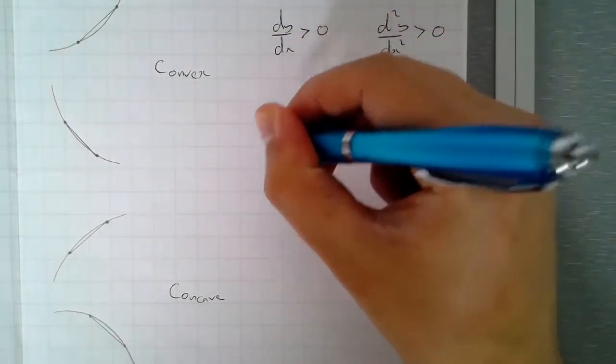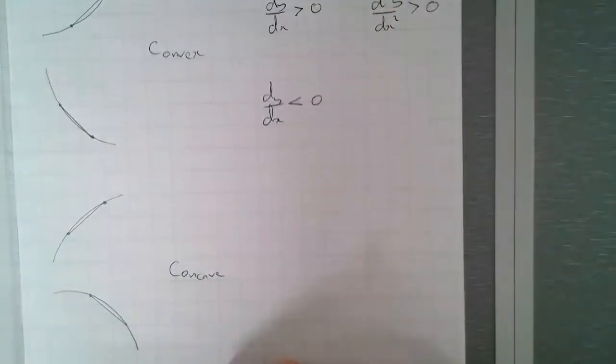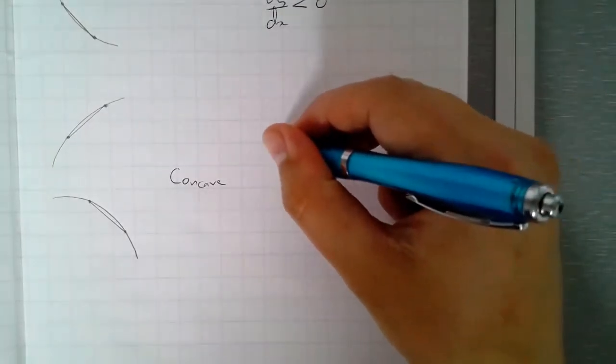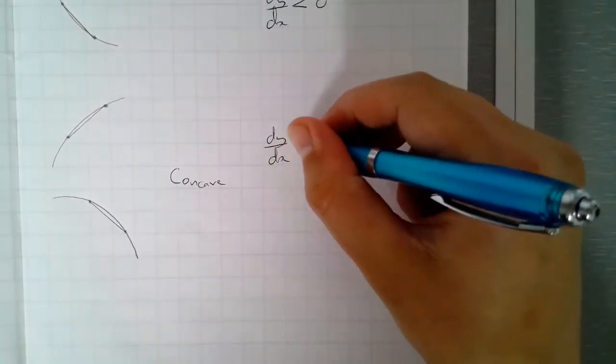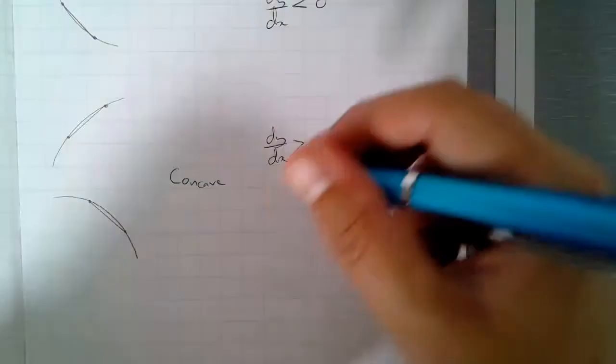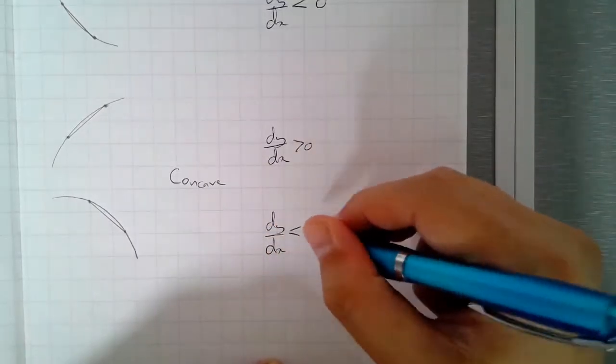Hopefully doing these was fairly easy. For the first, dy/dx is less than 0. For the next one, dy/dx is greater than 0; the gradient's positive everywhere along here. And for this one, the gradient is less than 0 again. So what's going on?